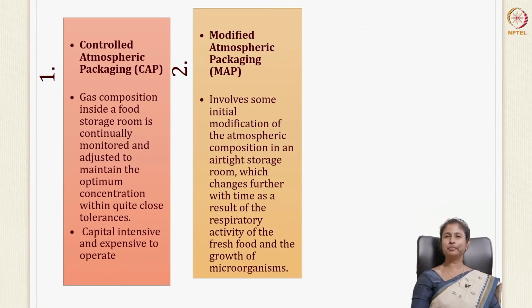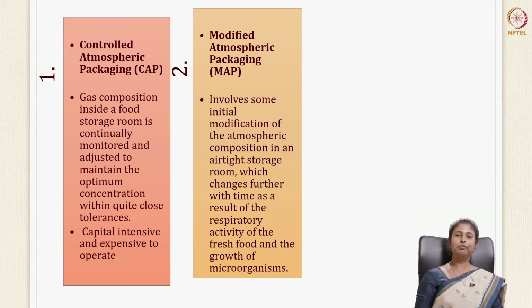Another term that you would probably come across is CAP. CAP is controlled atmospheric packaging, compared to MAP, which is modified atmospheric packaging. So as the term indicates, in CAP you're controlling the gaseous composition very strictly. You'll monitor the packaging material and the storage conditions in the room, and see that the gaseous composition is kept constant throughout.